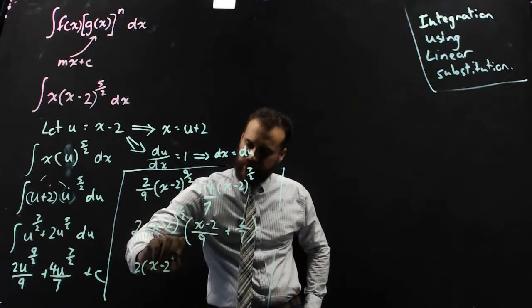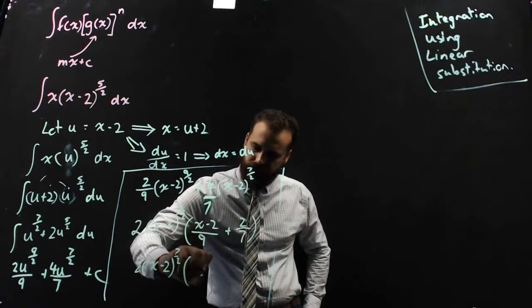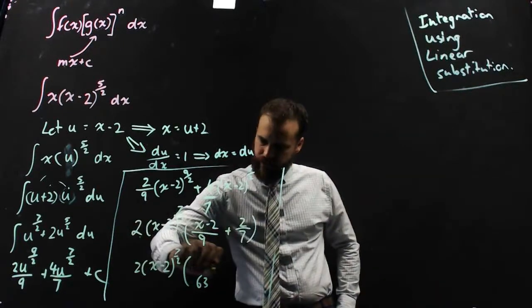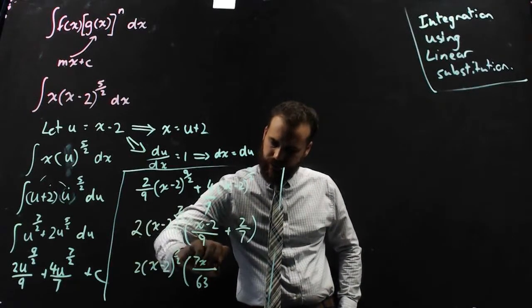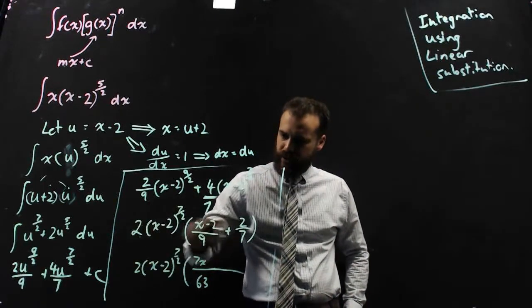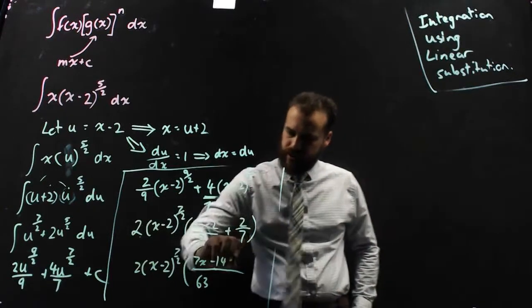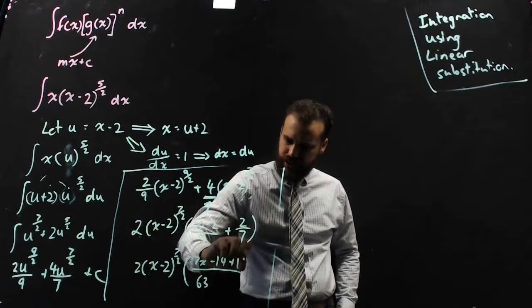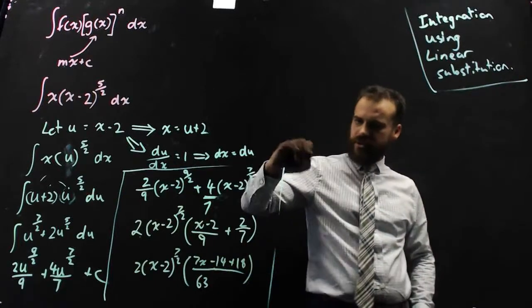I'm just multiplying everything by 63: multiplying by 7 gives 7x minus 14, plus I multiply everything here by 9, so it's 18.